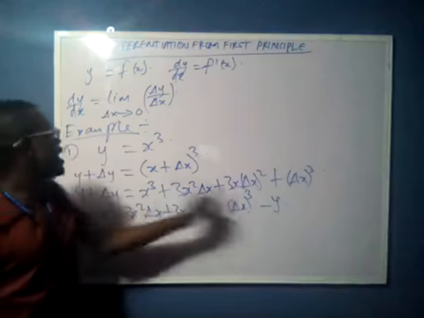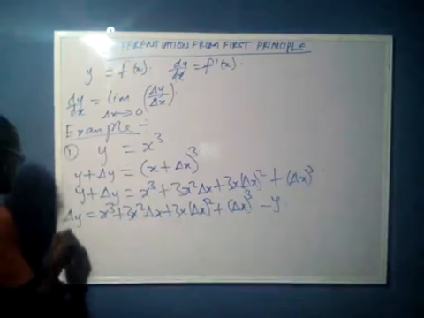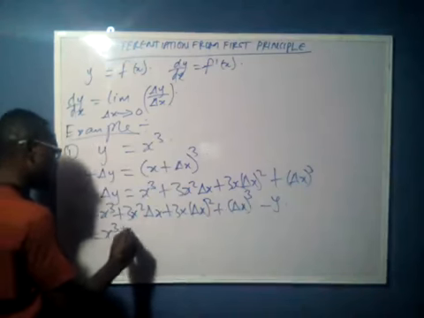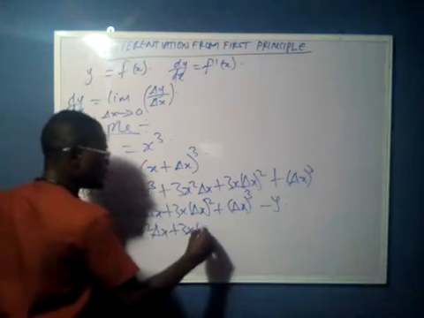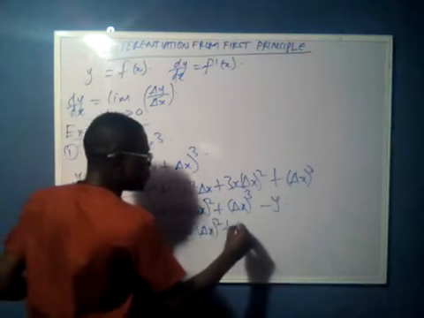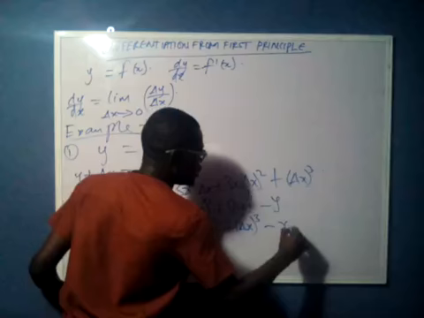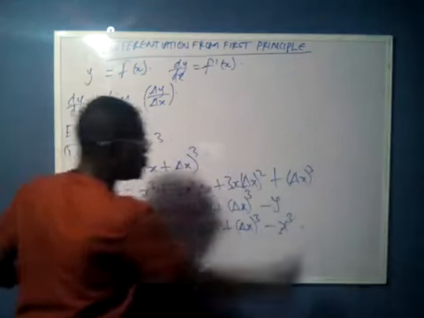Don't forget that y is equal to x cubed. So we're going to have change in y equal to x cubed plus 3x squared change in x plus 3x change in x squared plus change in x cubed minus x cubed. So x cubed minus x cubed is gone.